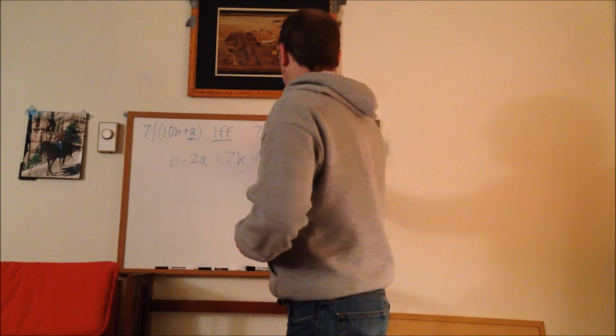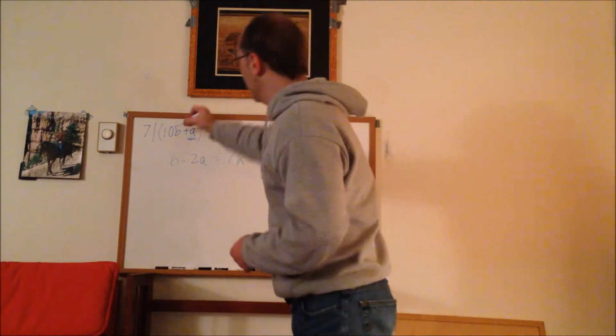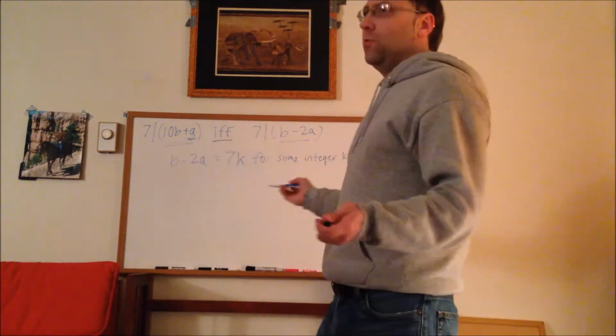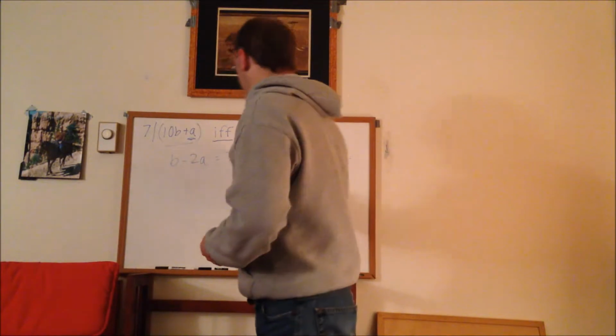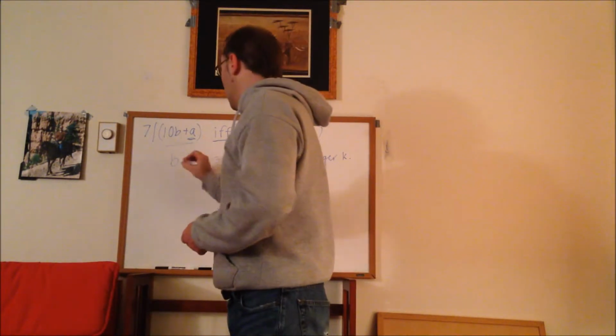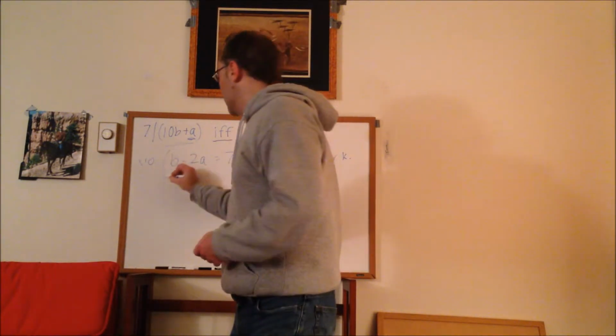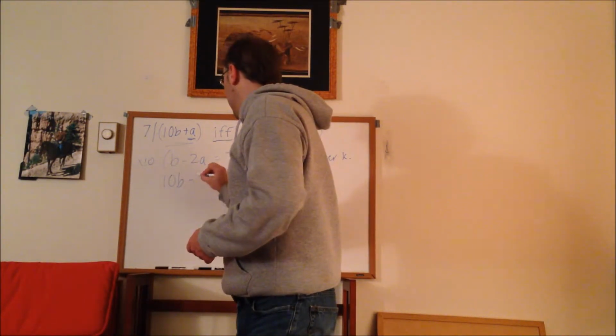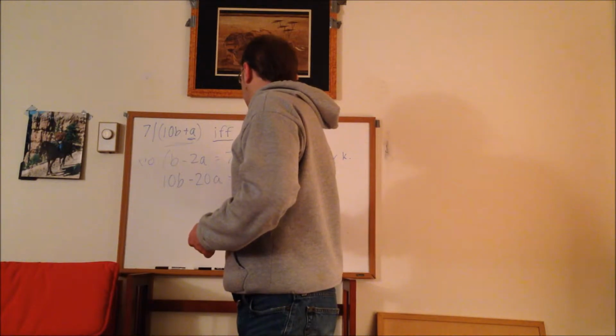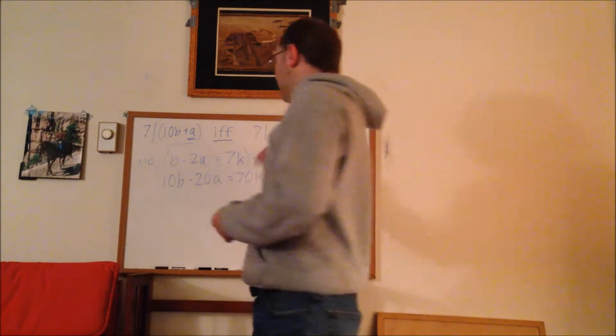Well, we want to get this part looking kind of like this. So it makes sense to multiply both sides by 10. We're going to multiply by 10 both sides of the equation. It's going to give us 10b minus 20a, and that gives you 70k.